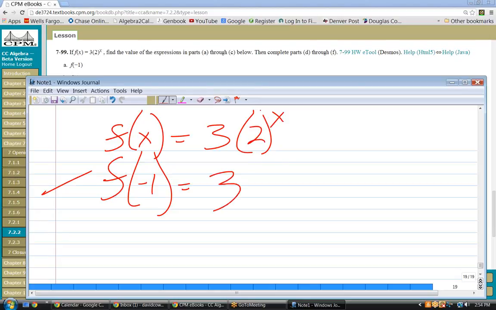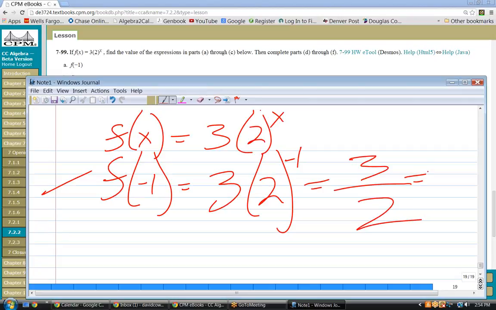So it's the same as this, which is the same as this, which is the same as that. Okay? It's an important concept in math. In other words, when they give you a function as f of x, and then they say f of some number, you always want to plug that number in for x.